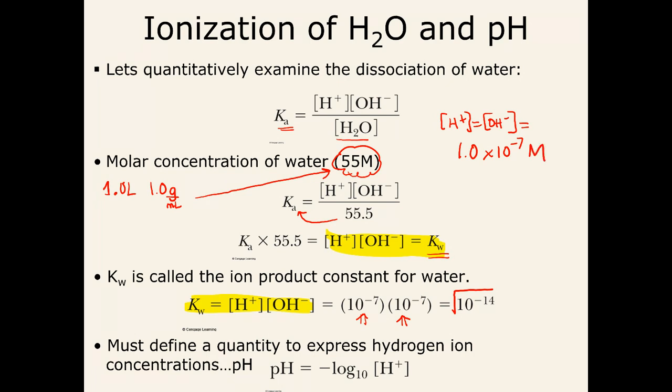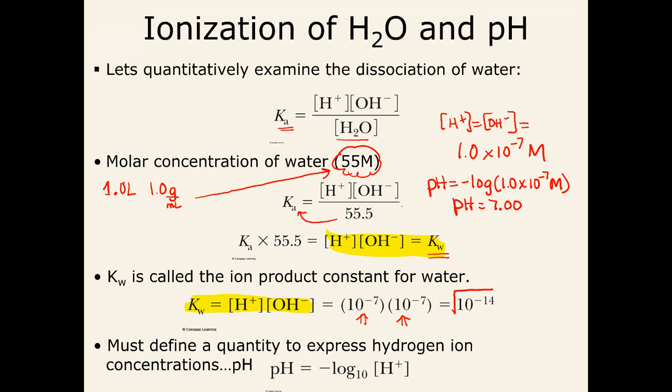That's not the easiest number for me to constantly say, 1.0 times 10 to the negative 7. And so instead it was converted to pH, which is 7.00.